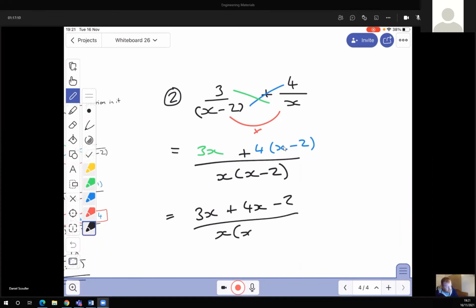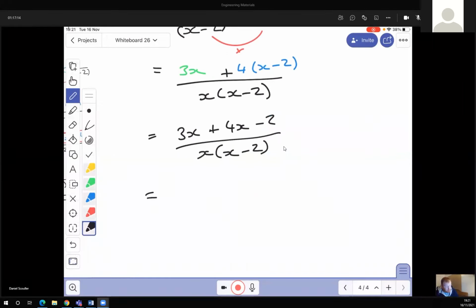The bottom stays the same. That's as simple as it comes, that's in its factorised form. Collecting the like terms, that is now one fraction. The top line is in its simplest form, the bottom line is in its simplest form.